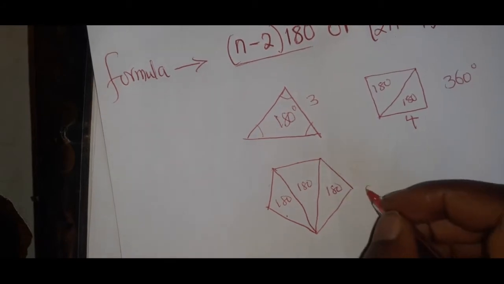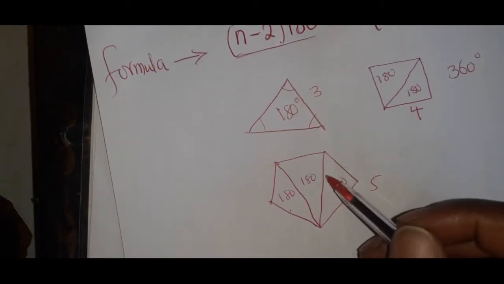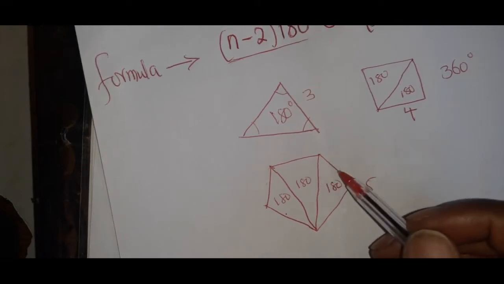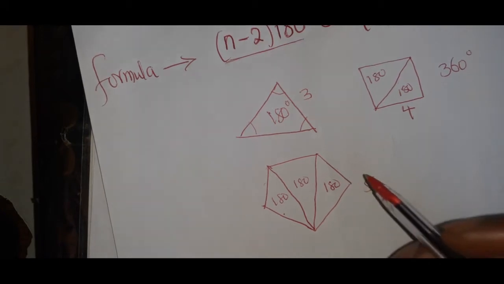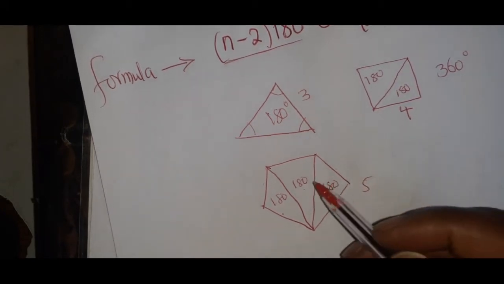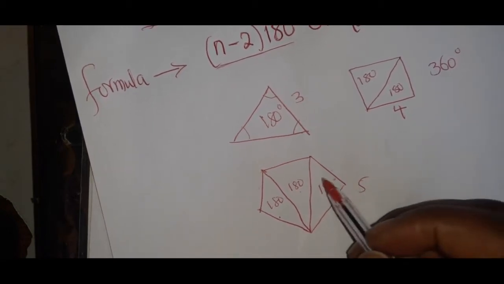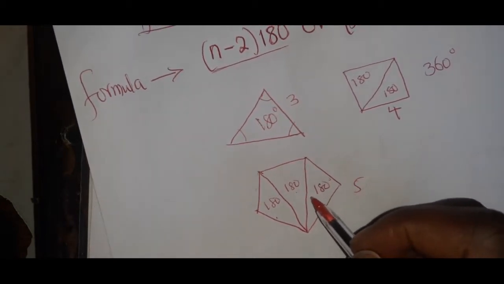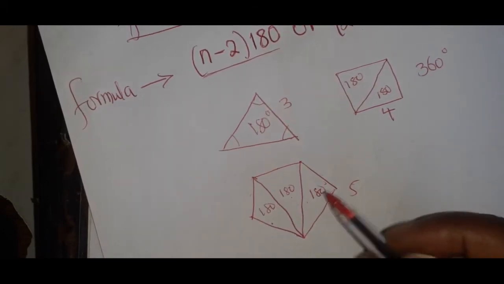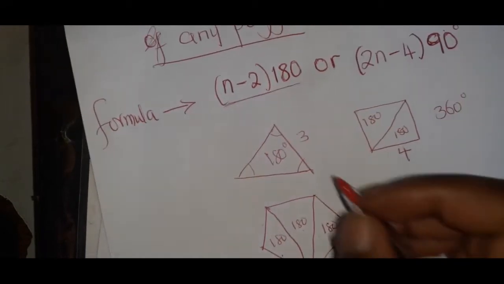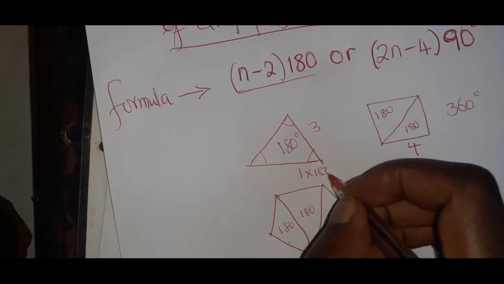How many sides here? 5 sides. And how many triangles are we having? We are having 3 triangles, and each triangle is 180 degrees. So we are going to say 3 multiplied by 180. Here, it's just 1, so it will be 1 by 180.